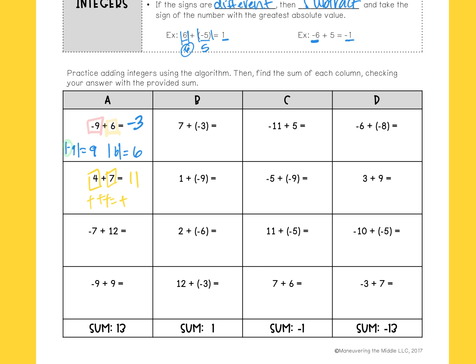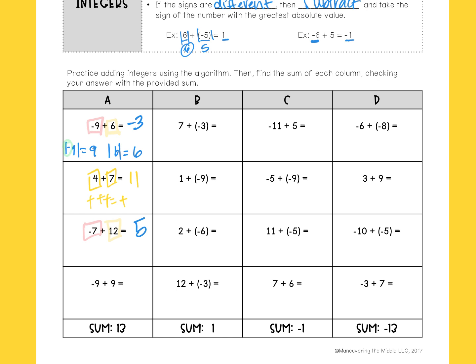Now moving on to negative 7 plus 12. We have a negative number and we have a positive number. That means that we have to find the difference between 7 and 12. So I'm going to subtract 12 minus 7 and I get 5. So my answer will either be negative or positive 5.